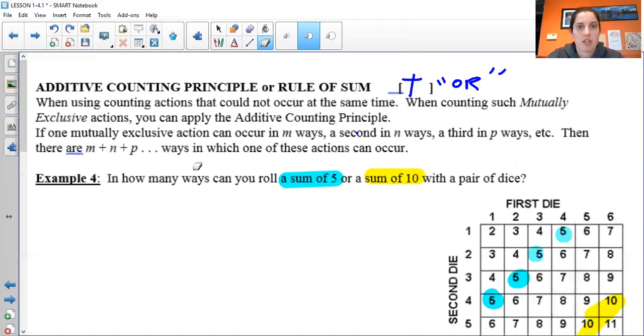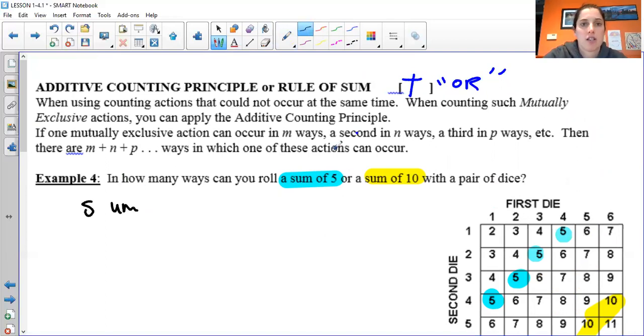So another way I like to write it down is using coordinates. How many ways can I roll a sum of 5 and a sum of 10?